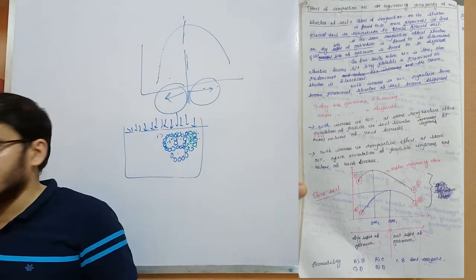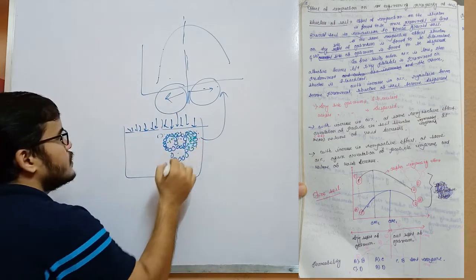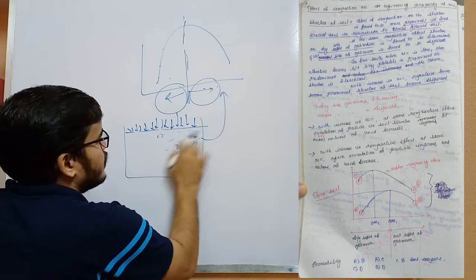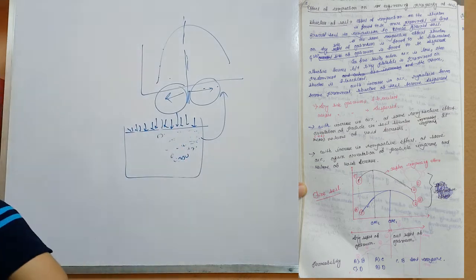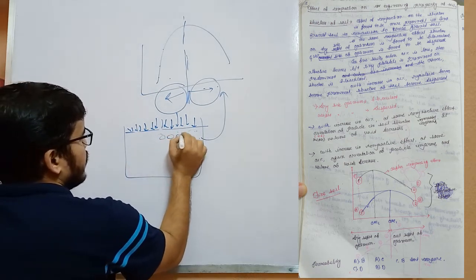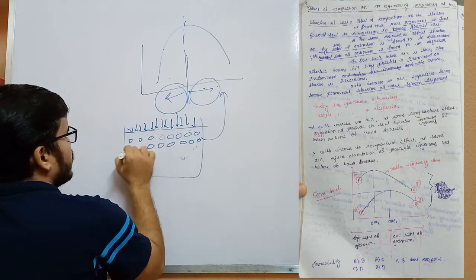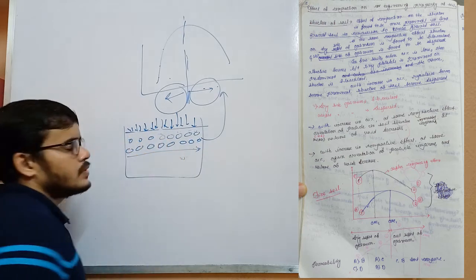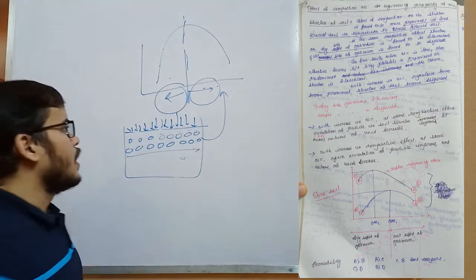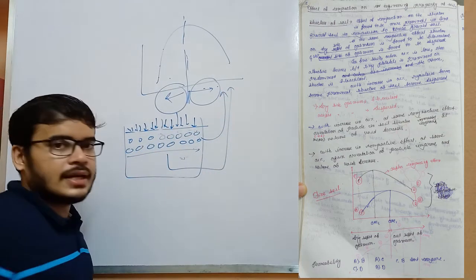This scenario is called wet side of optima, because here the flocculent structure will break, and the solids will be like this. This structure is called dispersed structure. So this scenario is called wet side of optima.